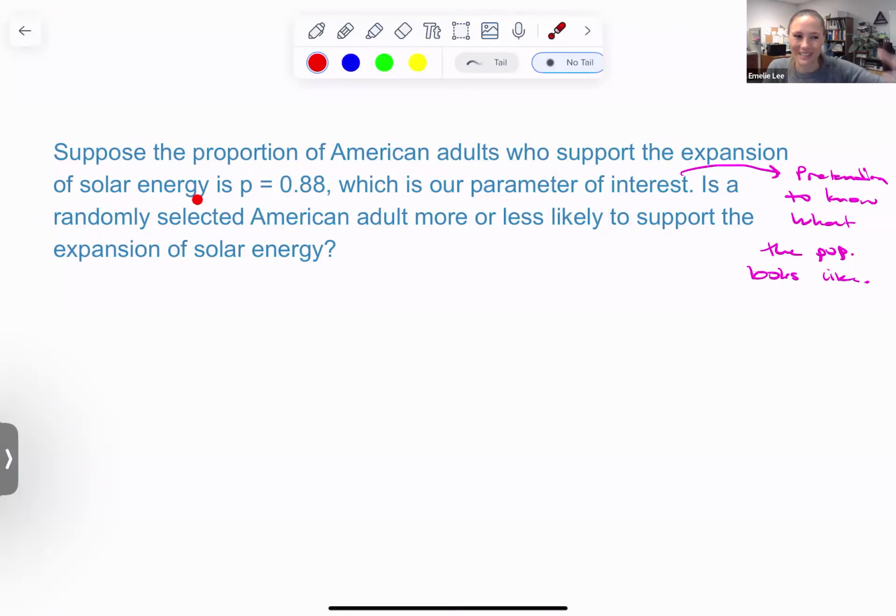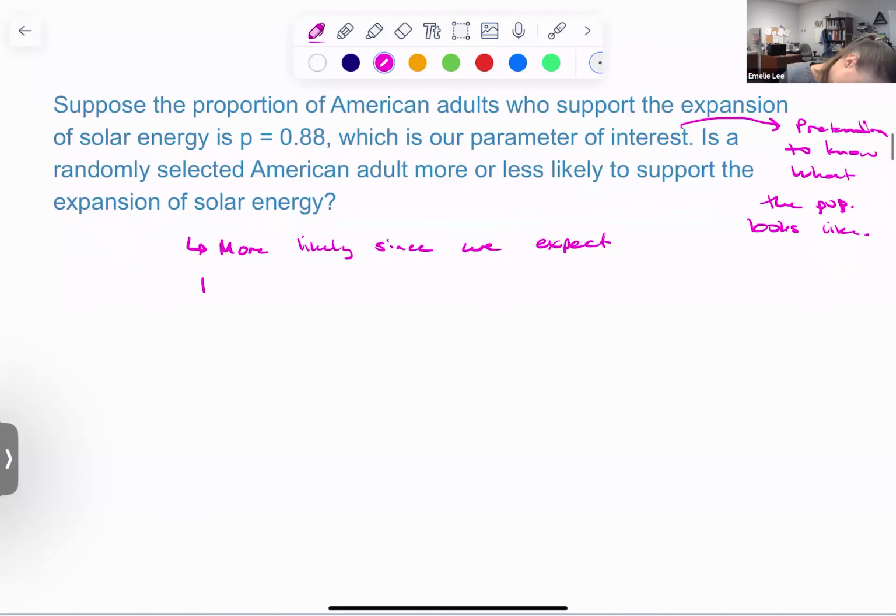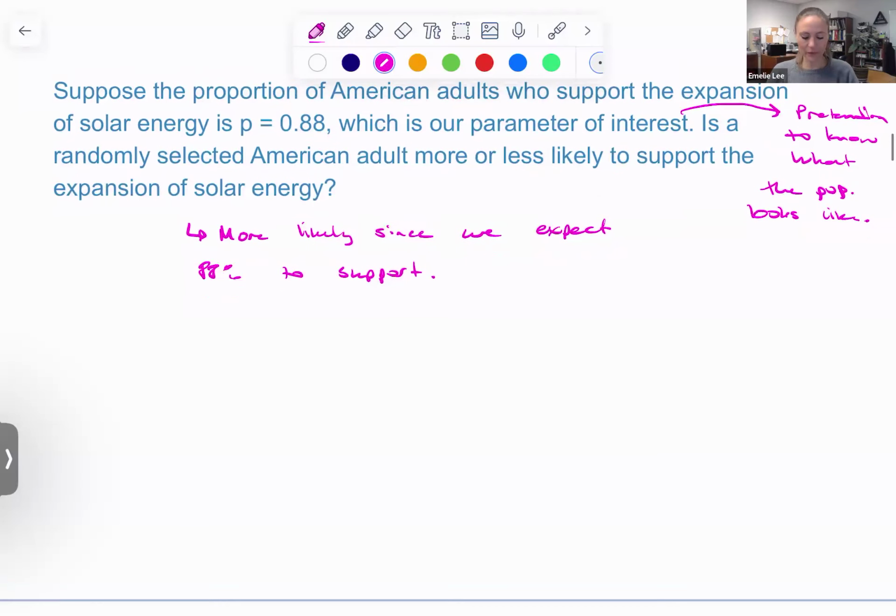So they're more likely to support it. More likely, since we expect 88% to support. Got ahead of myself. There. Okay.